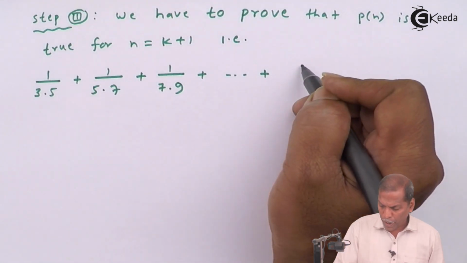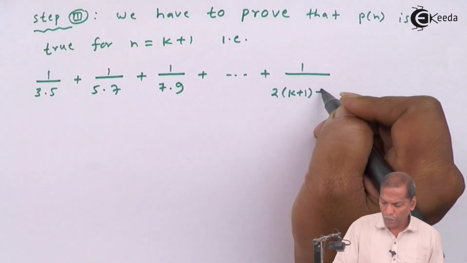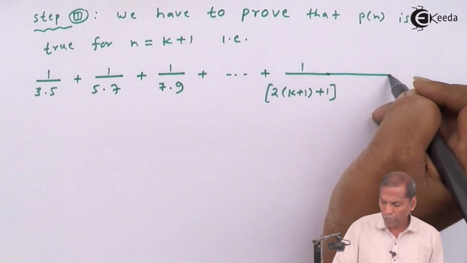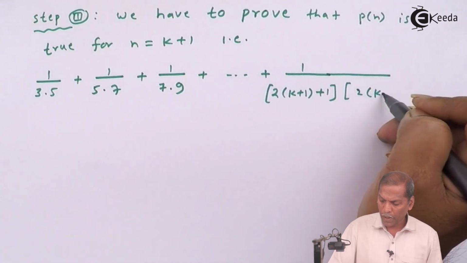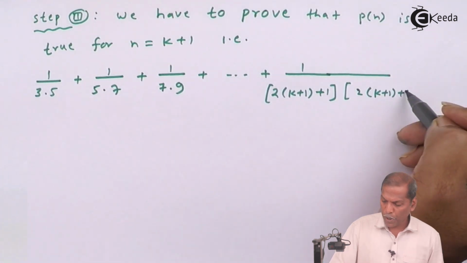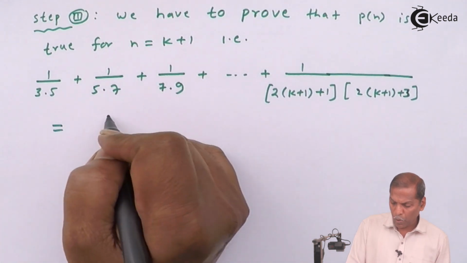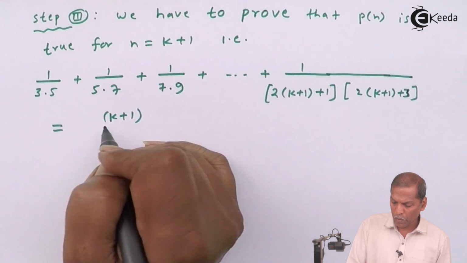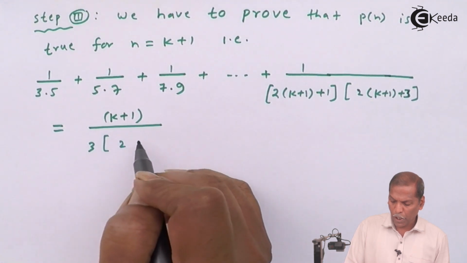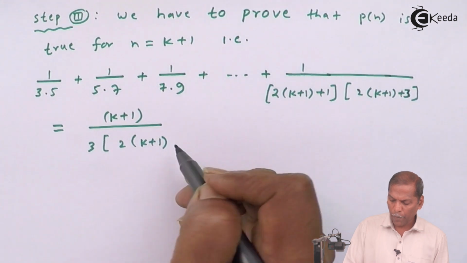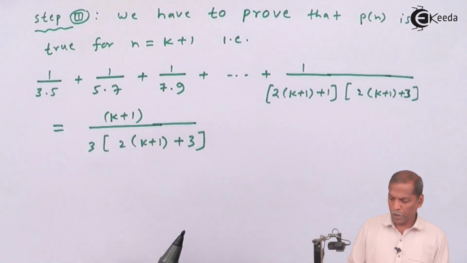So here we get 1 upon 2(k plus 1) plus 1, next bracket 2(k plus 1) plus 3, bracket complete, is equal to (k plus 1) upon 3 bracket, again 2(k plus 1) plus 3, and finally the square bracket complete.